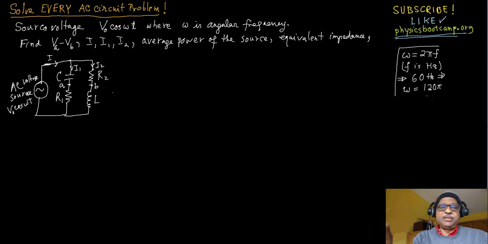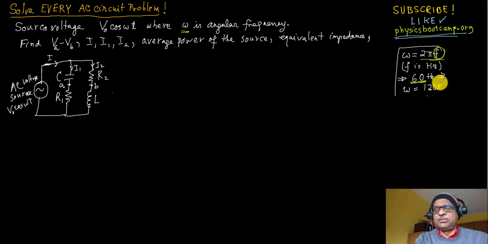Before we get on, there's just a notation, because some of you may not remember: omega is angular frequency, which stands for 2 pi f. F is the real frequency. A common household in the United States operates at 60 hertz.